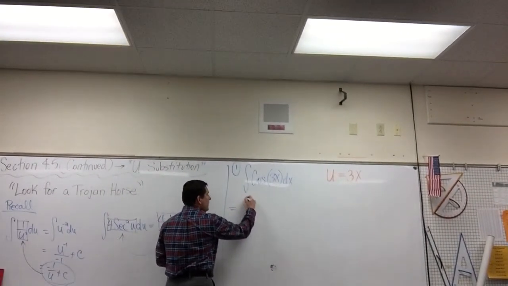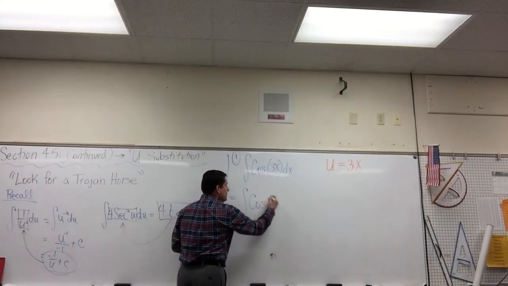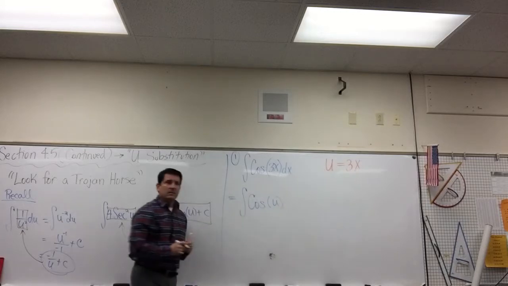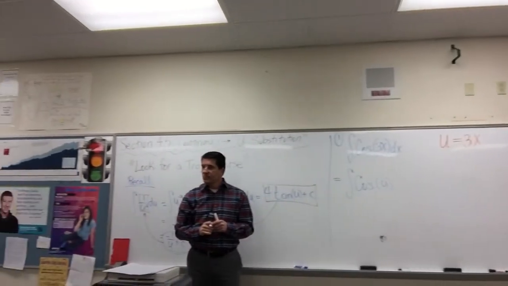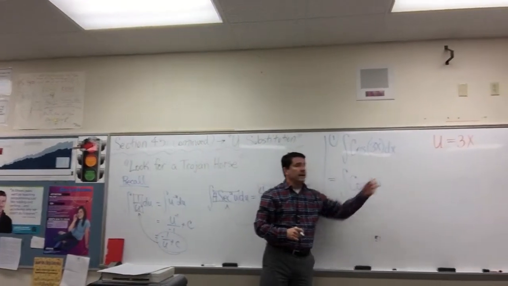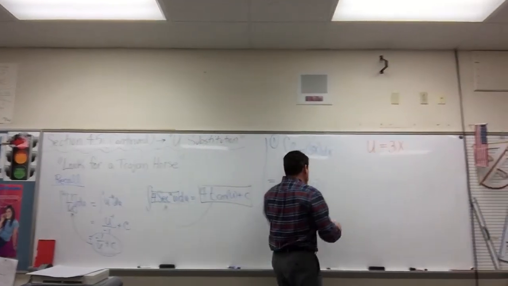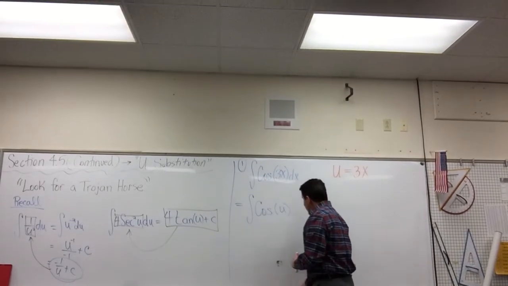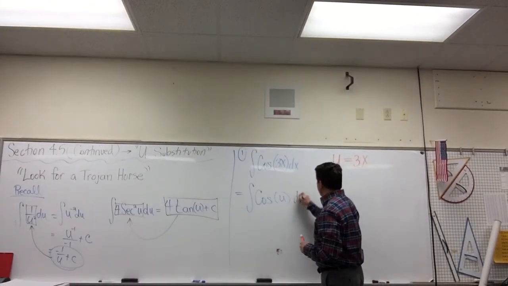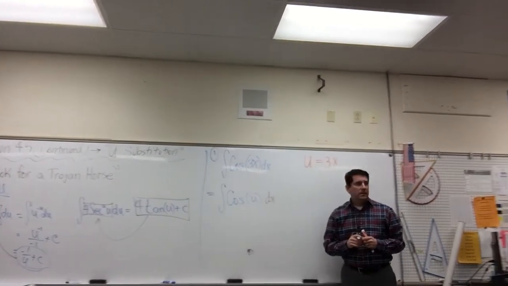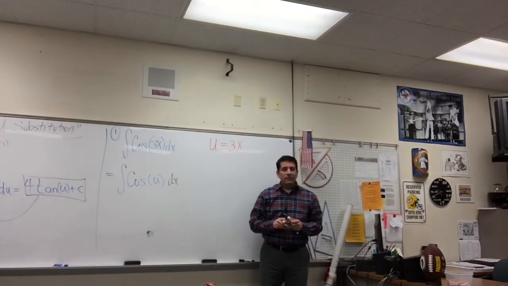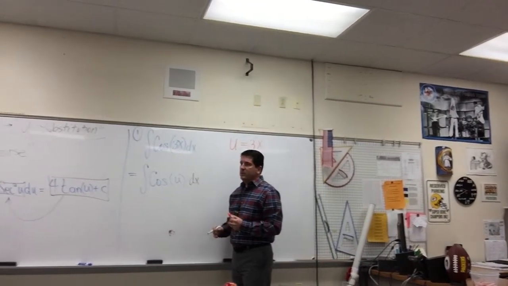This is the integral of the cosine of u, where u is equal to 3x. It's a displacement going on here. But the problem is, don't write this part down, you can't write dx here. That's no good. Because u is the variable.